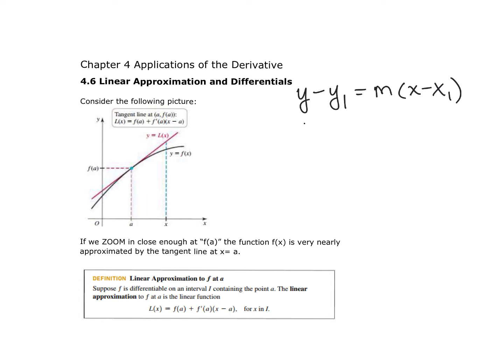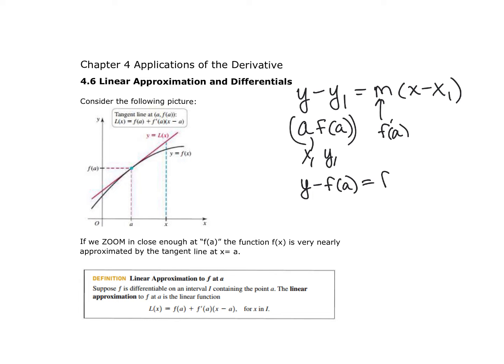If I let some ordered pair a, f of a, be my x1, y1, and my slope is the derivative at a, then we can rewrite this as y minus f of a equals f prime of a times x minus a. And then adding that f of a over, we get f of a plus f prime of a times x minus a.